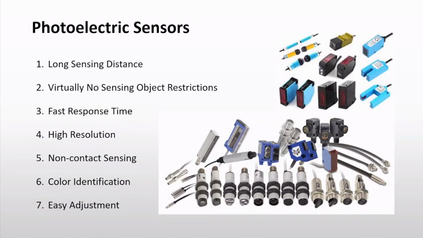And the next one is easy adjustment. There is only an emitter and a receiver, so with those two components we can easily adjust the photoelectric sensors. These are the advantages that we can see in photoelectric sensors.